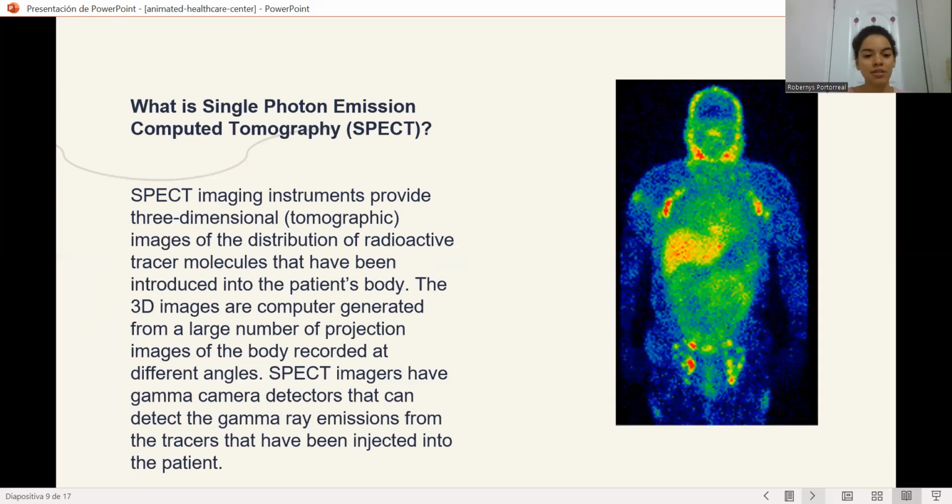The 3D images are generated from a large number of projection images of the body recorded at different angles. SPECT imagers have gamma camera detectors that can detect the gamma ray emissions from the tracers that have been injected into the patients.